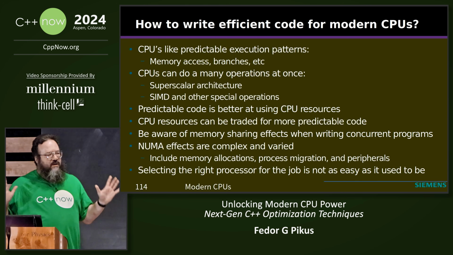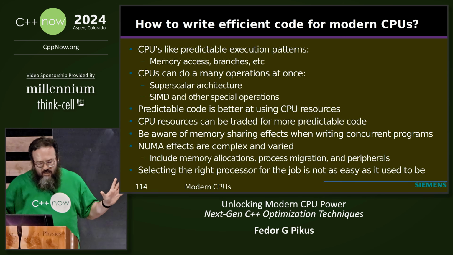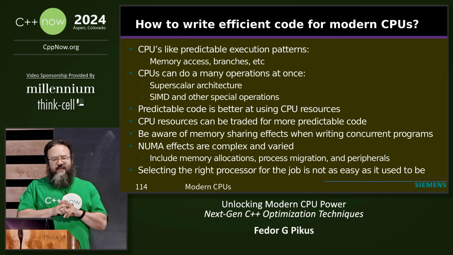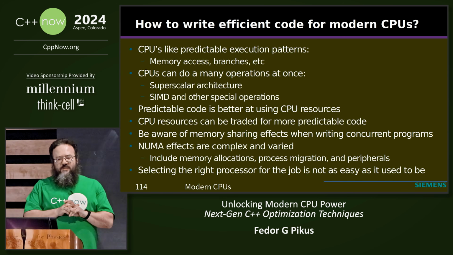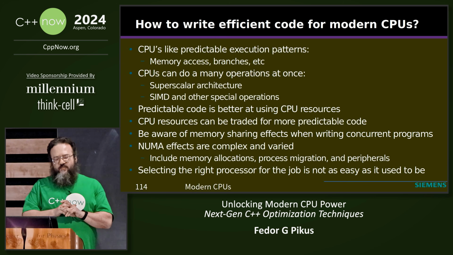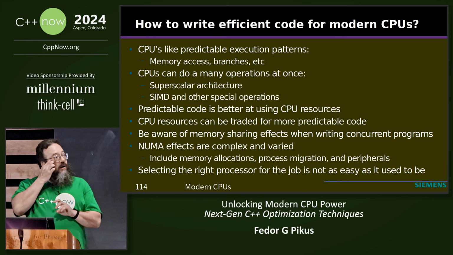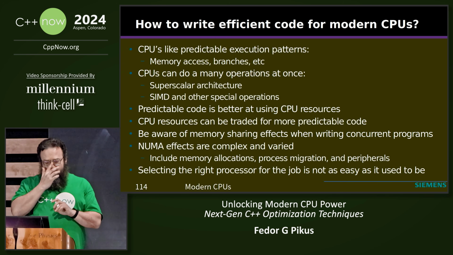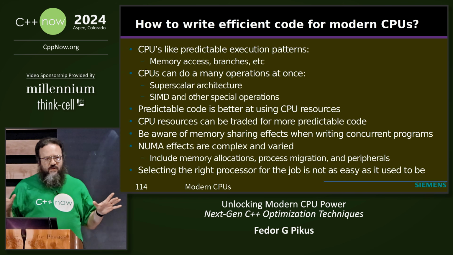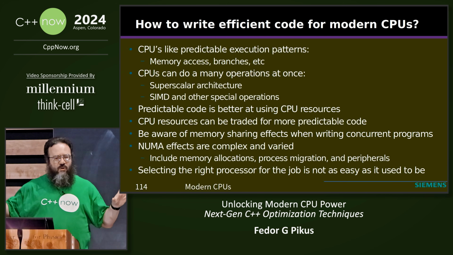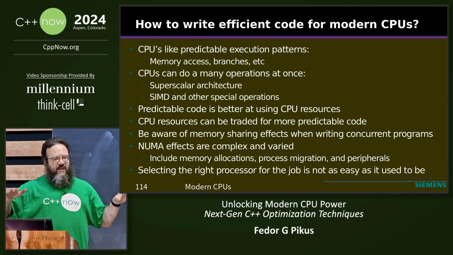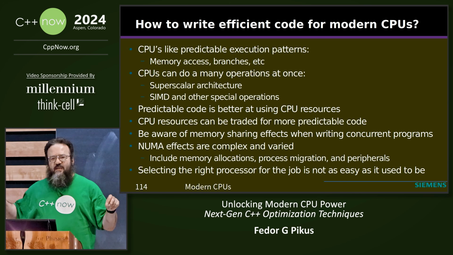Okay, so conclusion. Modern CPUs basically like things to be smooth and predictable. Memory access is predictable, branches are predictable, they have long pipelines, they have complex internal state, and they go to great lengths to try to maintain it all in the face of all the semi-random events that happen when your code runs.